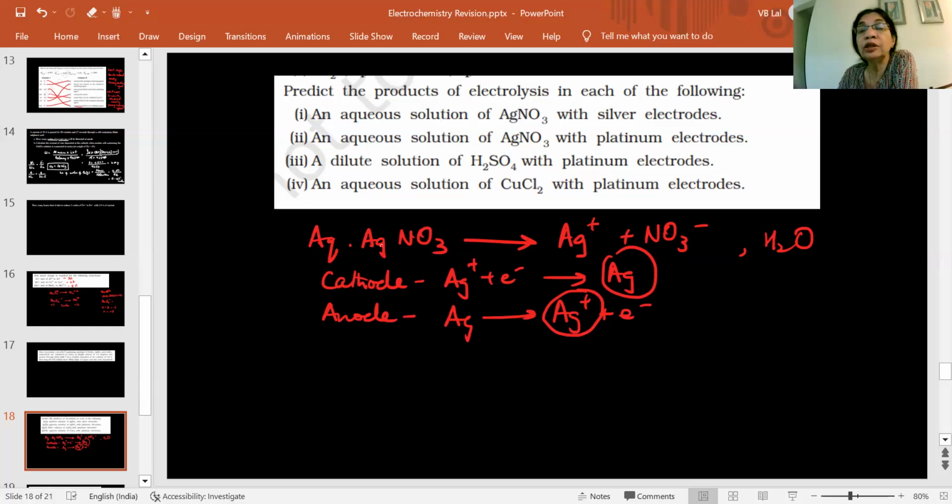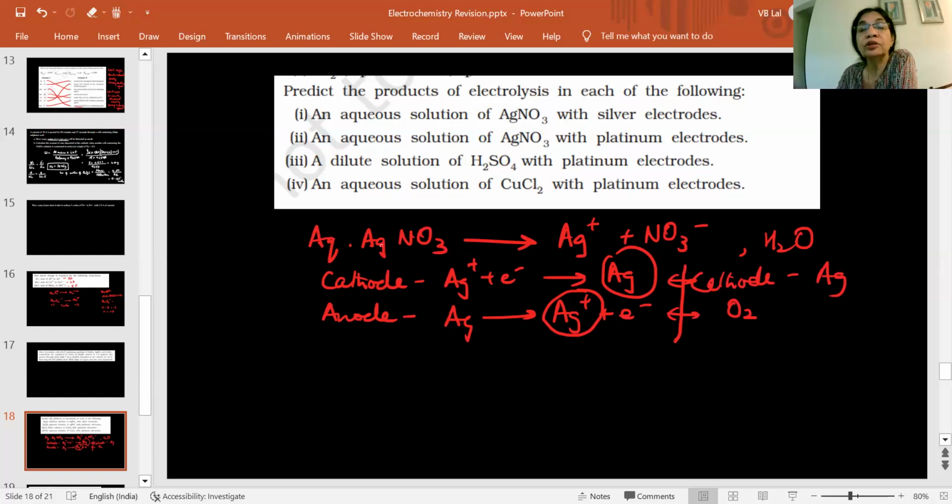Then aqueous solution of silver nitrate with platinum electrodes. So again, it is the same thing, but it is platinum electrodes which are not reactive. So at cathode, I will get silver like here, same. And at anode, I will get oxygen because water will start getting oxidized at anode. Water will give you oxygen.